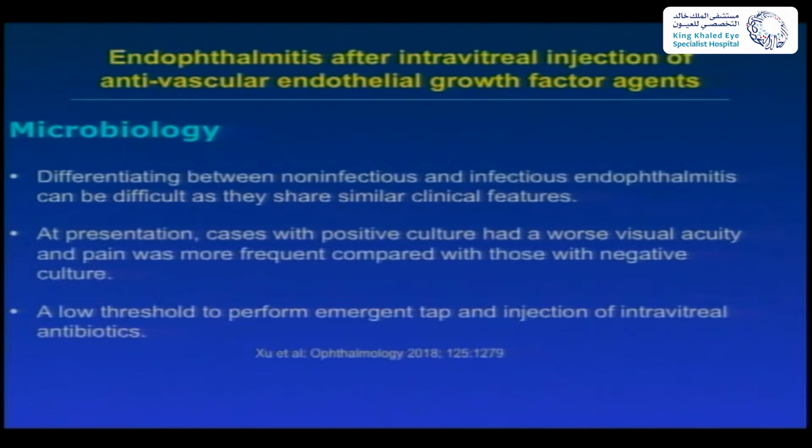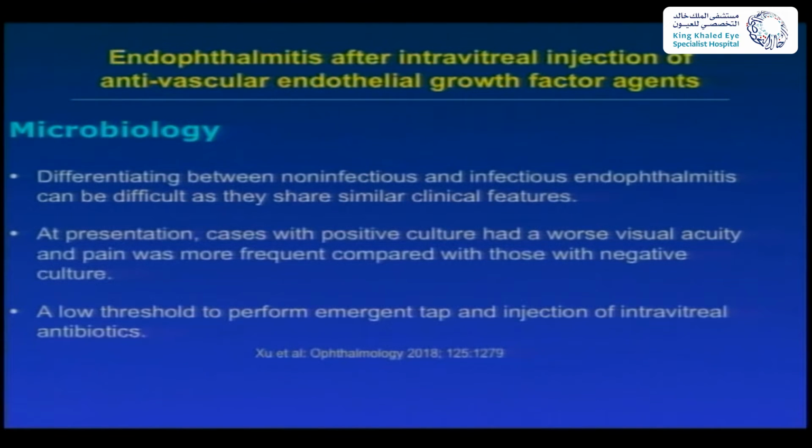Now, when a patient after intravitreal injection develops signs suggestive of endophthalmitis, in many patients it is extremely difficult to distinguish between non-infectious and infectious endophthalmitis. But if we suspect the diagnosis, we have to have a very low threshold for vitreous biopsy and injection of antibiotics.